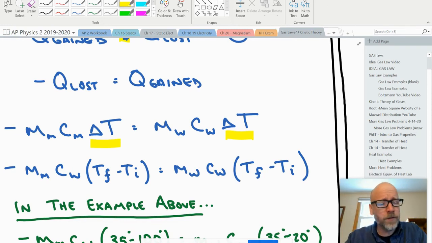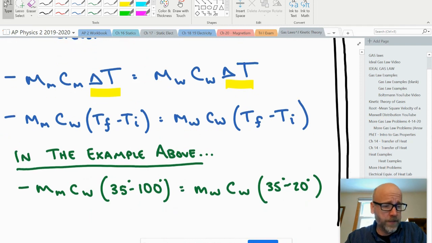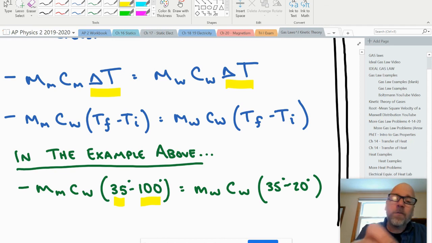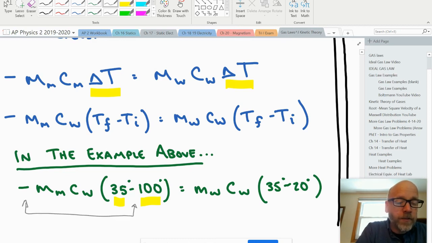That's where my hang-up is. So when I plug in the numbers, I would write it as 35 minus 100, because the final temperature of the metal is 35 and the initial temperature of the metal is 100. What's going to happen to that value? Well, it's negative, which cancels out with the negative at the beginning, and everything is hunky-dory.